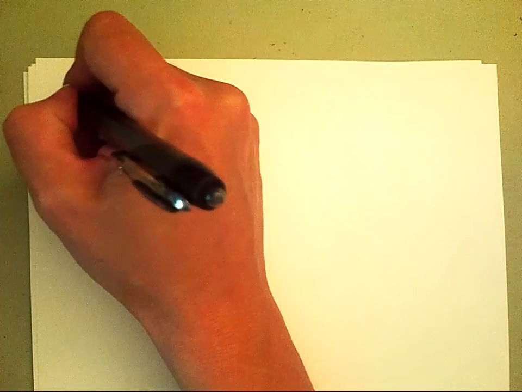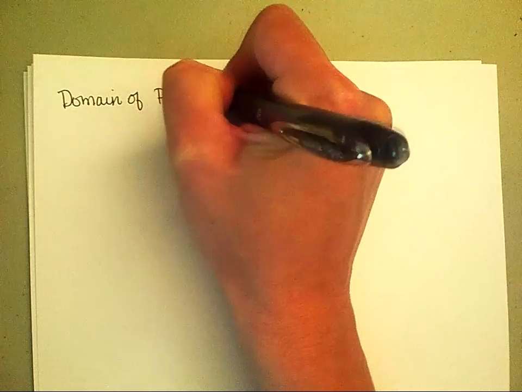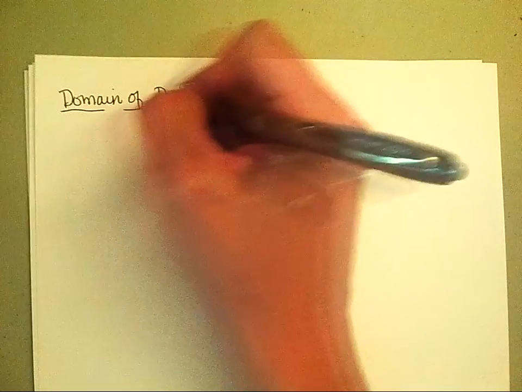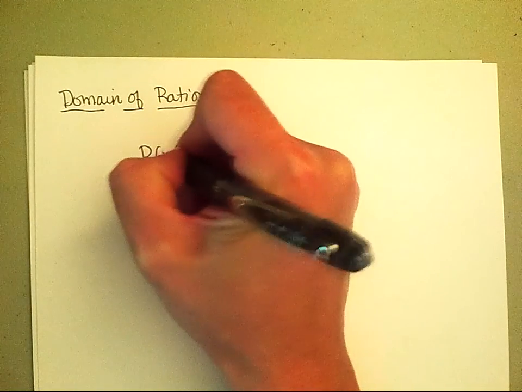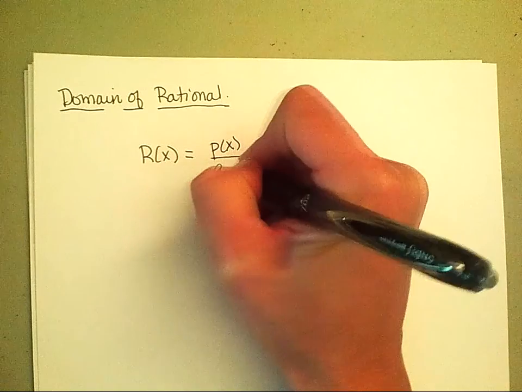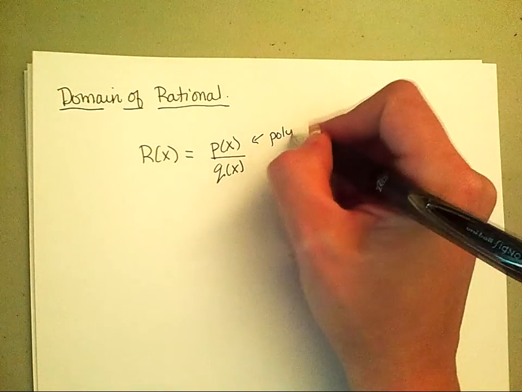Now things get different when we have the rational function. Now remember, a rational function is some polynomial, we'll call it p of x over q of x. So it's some polynomial over a polynomial.